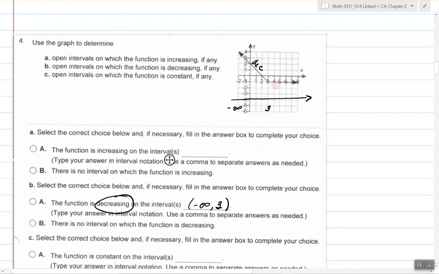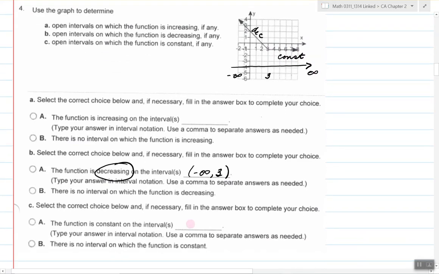And then from 3 to positive infinity, what's it doing? It's constant. So that's down here from 3 to positive infinity. You're always answering the question, for what x's is it doing this? And for increasing, as I look at it from left to right, this curve is never going up. So there is no increasing.